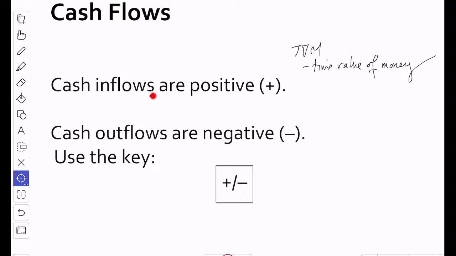And the way they distinguish is with a sign in front of the number. These equations are set up so that deposits are made, and then you want to see what those deposits accumulate to.